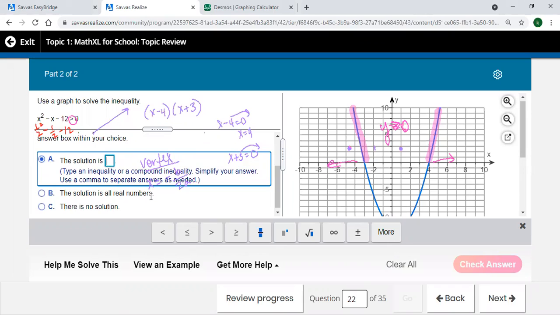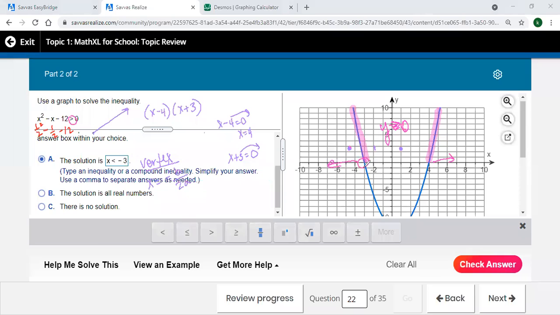So we needed x less than -3. Again, if you don't remember, that was my -3, and I'm going less than there for this arm up here. And then I separate it with a comma.